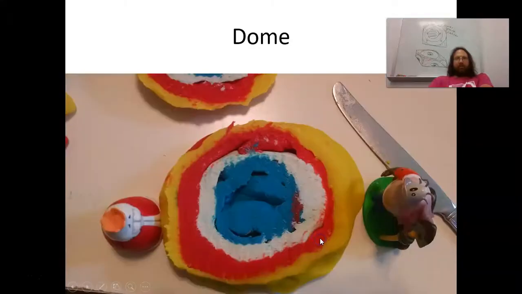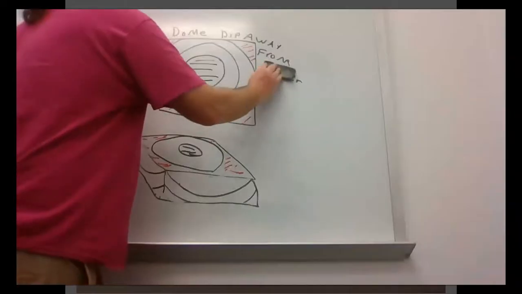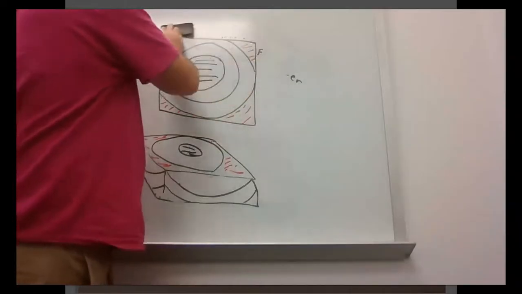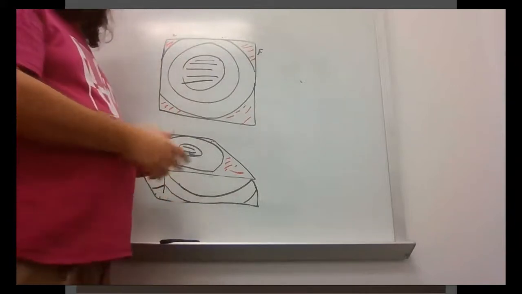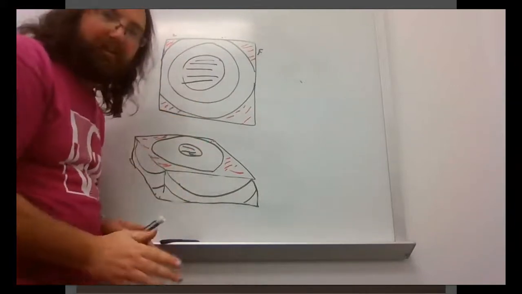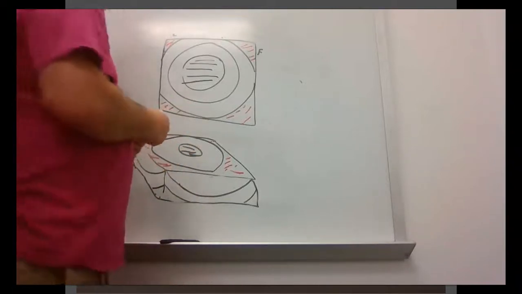So what do you do if the youngest rock is in the center? Now we have something called a basin. It has an outcrop pattern very similar to a dome, except that now, in a rock model, any way you slice it, you're going to see what looks like synclines.